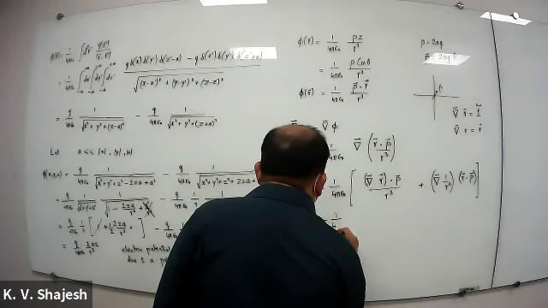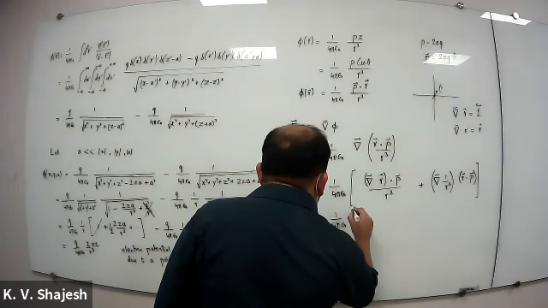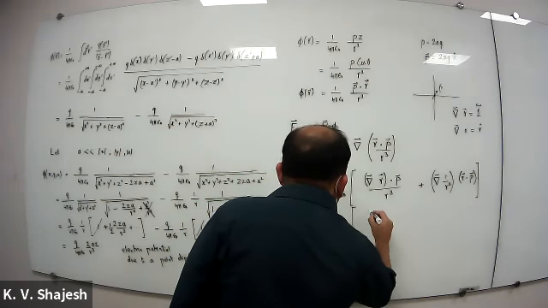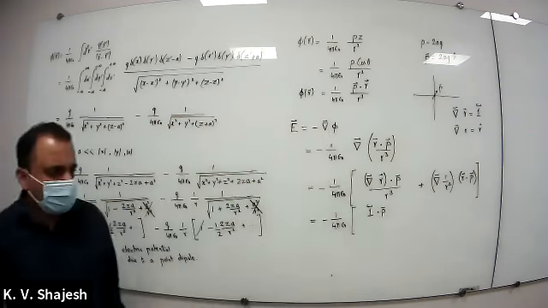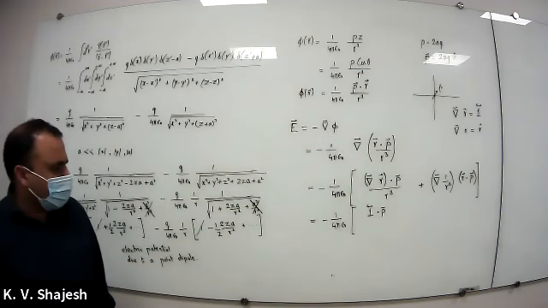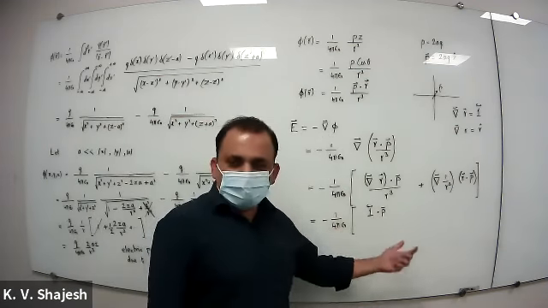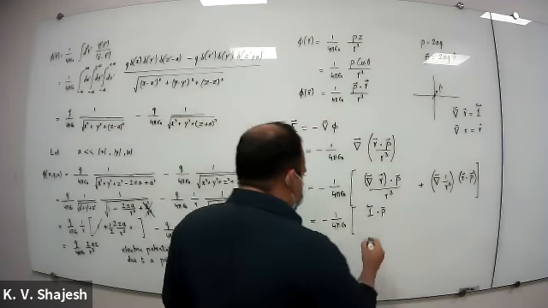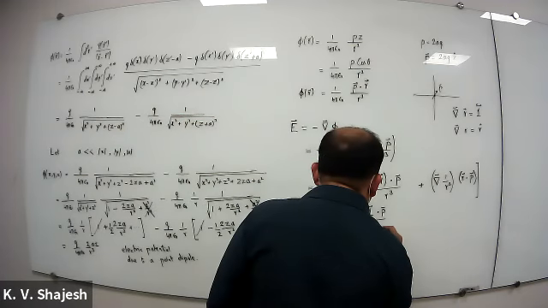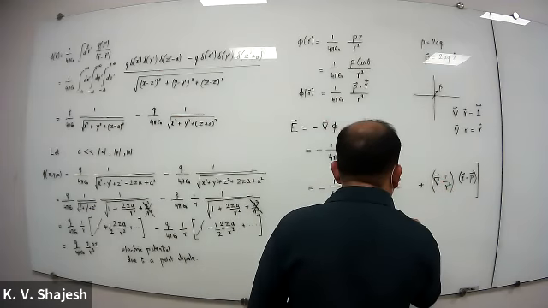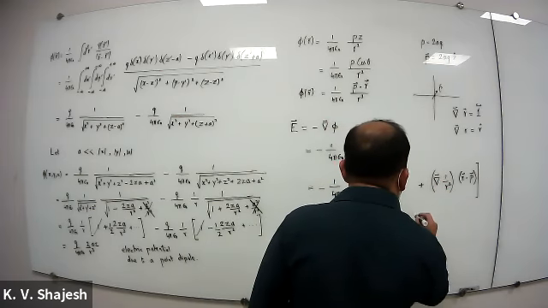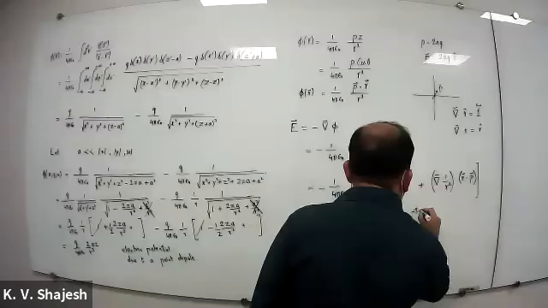Minus 1 over 4 pi epsilon naught. That's a unit dyadic dotted with P. Any identity matrix or identity dyadic acting on a vector gives you back the vector itself. So straightforward. For the R cubed term, this is minus 3 over R raised to 4.